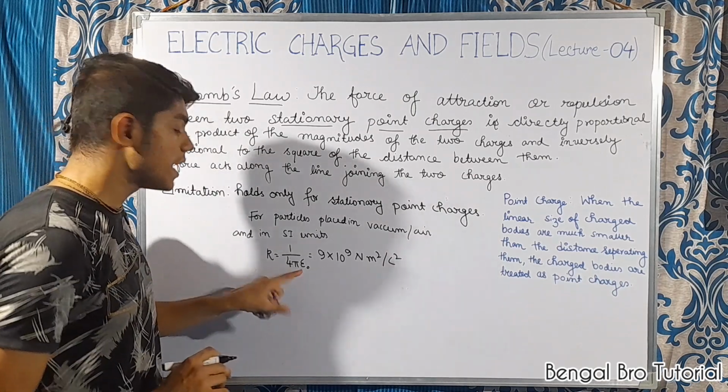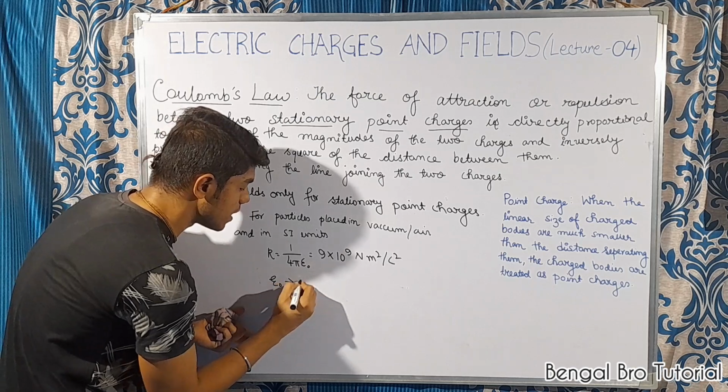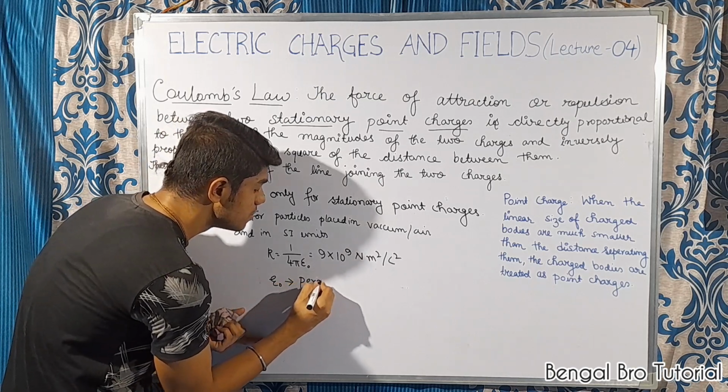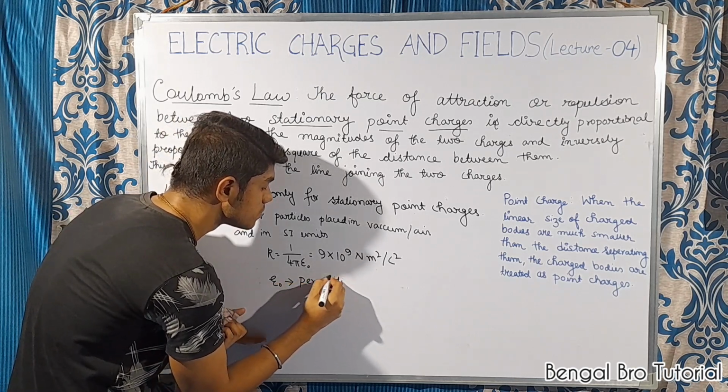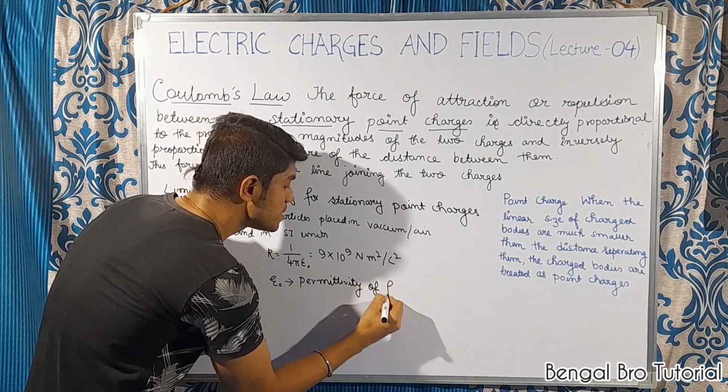Here epsilon naught is another constant which is called the permittivity of free space.